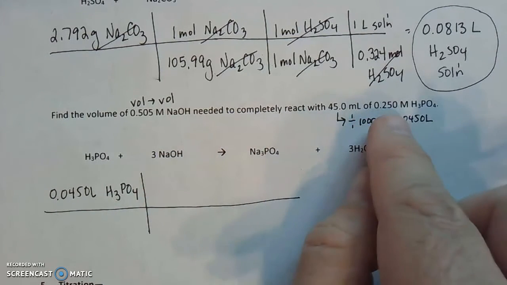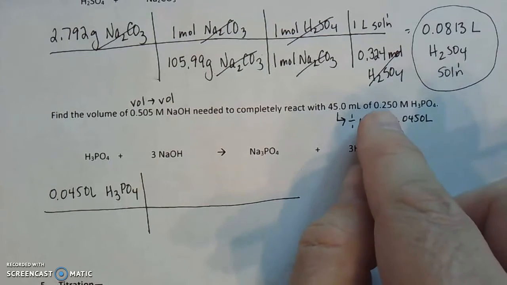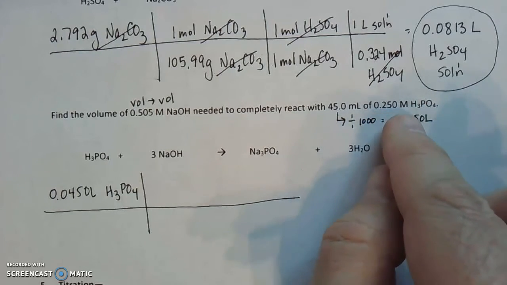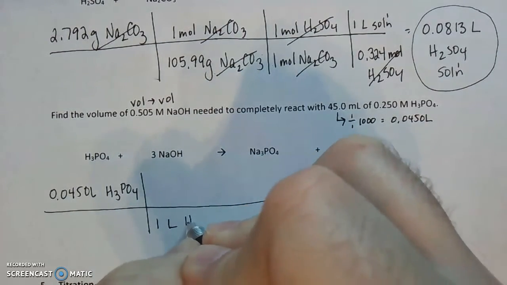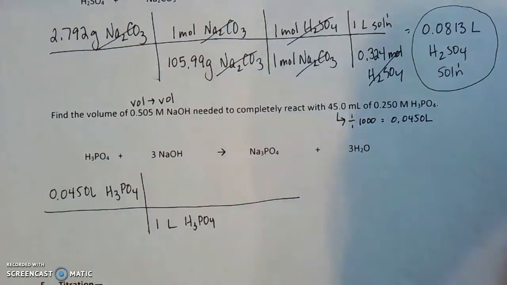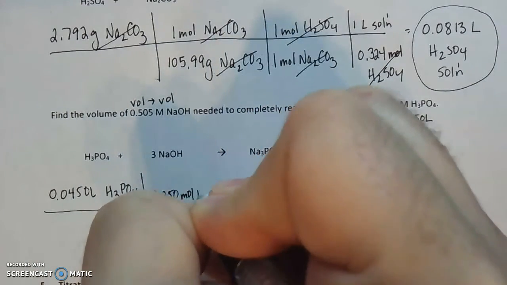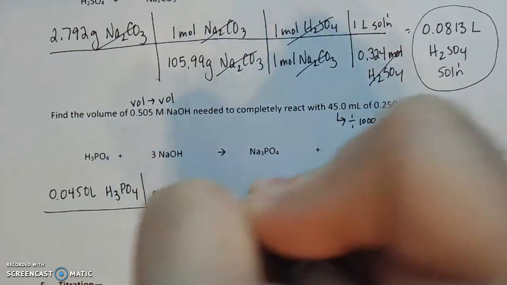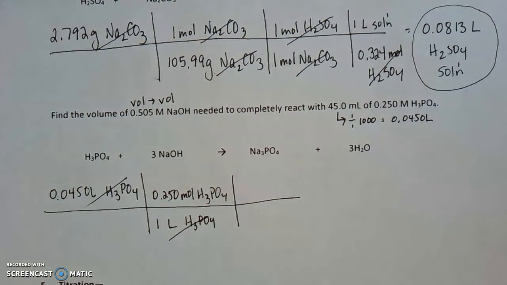So we know that we have 0.250 molar phosphoric acid, which means that we have 0.250 moles per 1 liter. So we want to get rid of liters, so that goes on the bottom. And a 0.250 moles of phosphoric acid goes on top. That allows us to cross off our liters of phosphoric acid.